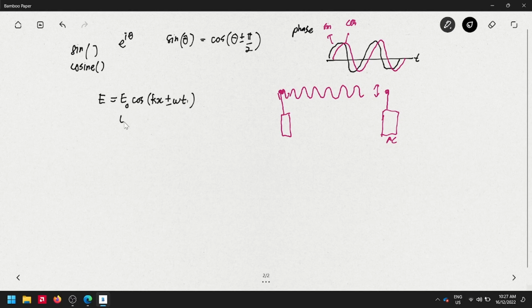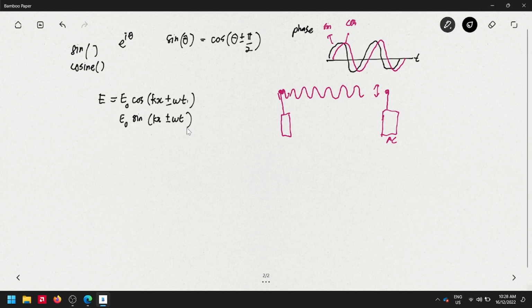We can also use E naught sine of kx plus minus omega t. Well, you can also use omega t first in front and kx behind. It is just a manipulation of the equation, but basically they are the same.